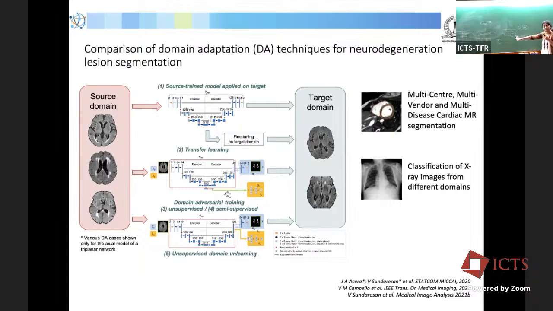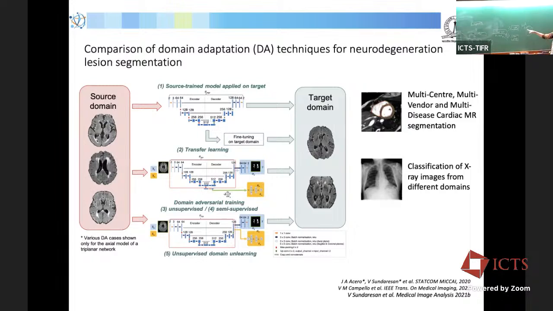Because there is a negative gradient flowing through this arm, this task would get worse. This is what we call adversarial training. We did both in an unsupervised and semi-supervised manner. If you think about it, we would need labels for lesions, basically where the lesions are in the brain.